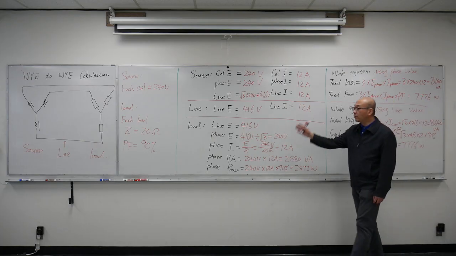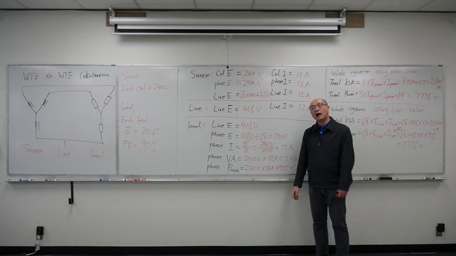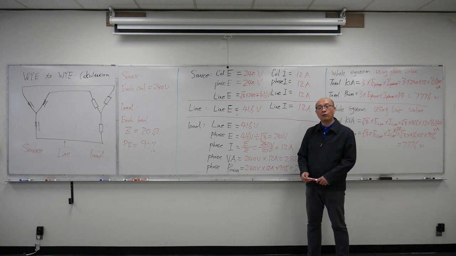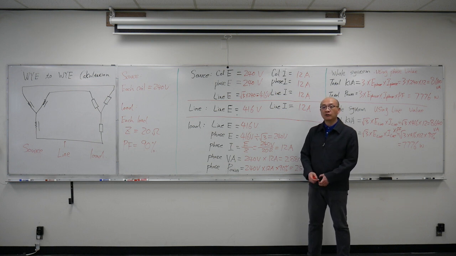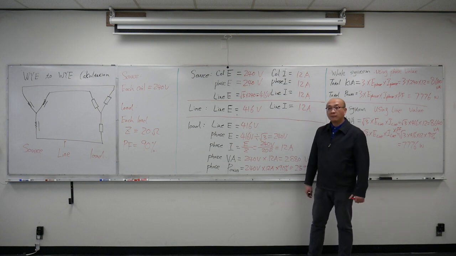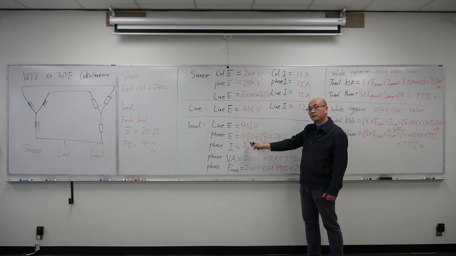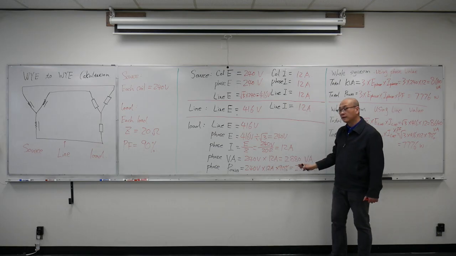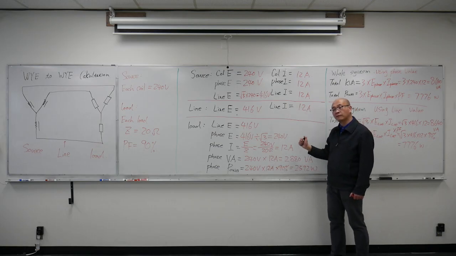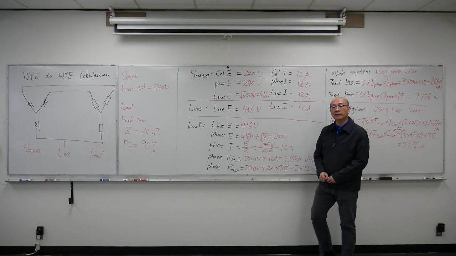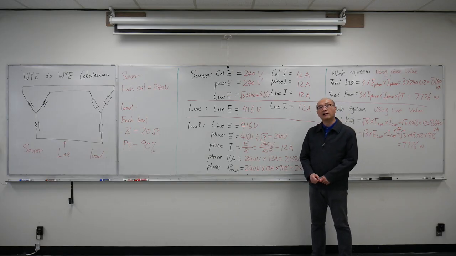So here's a simple example to show you how to calculate a Y-to-Y system. I'm going to remind you again, the voltage always comes from the source, the current always comes from the load. If you have any questions, contact us online or send us an email.